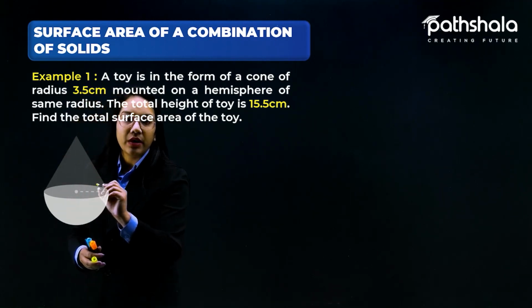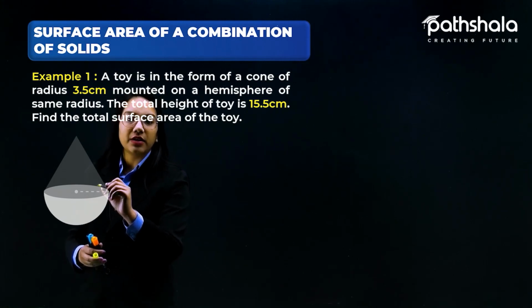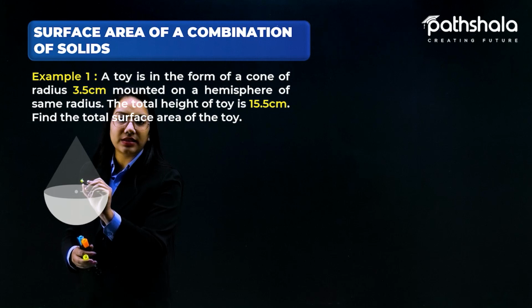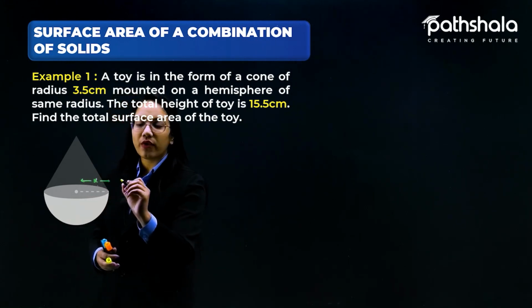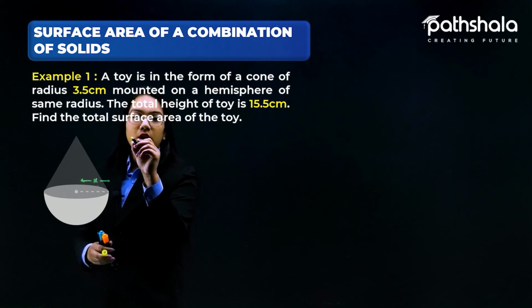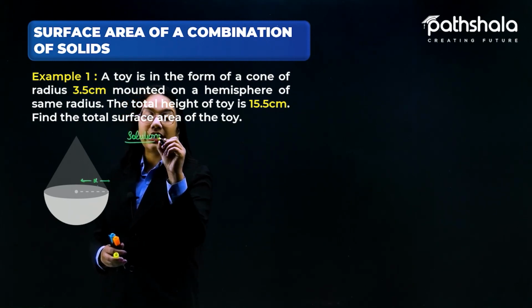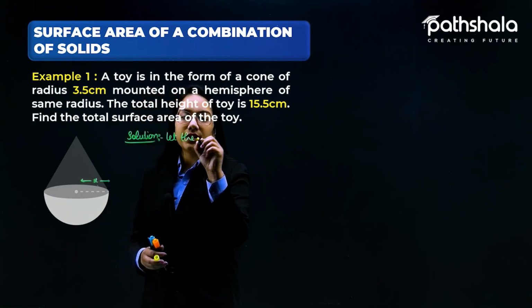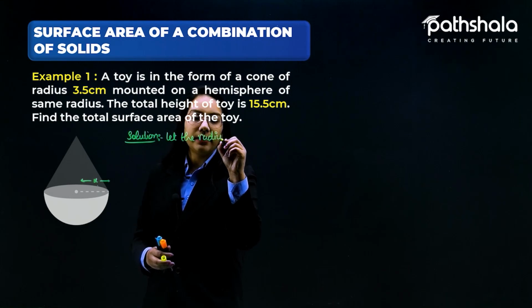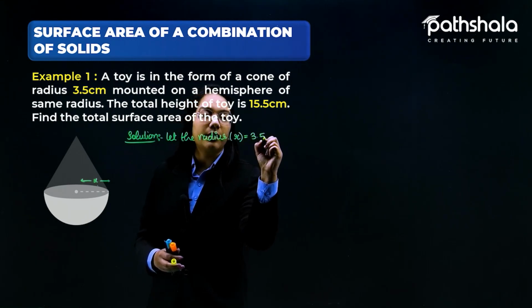As we can see, the radius is given to us as 3.5 centimeter. Let me take this radius as r, and start the solution by assuming the radius. So let the radius r be equal to 3.5 centimeter.